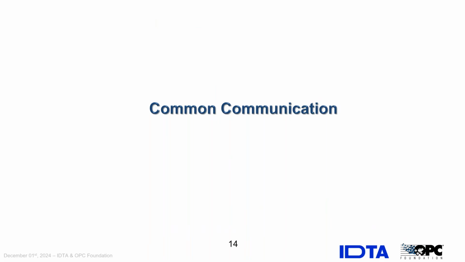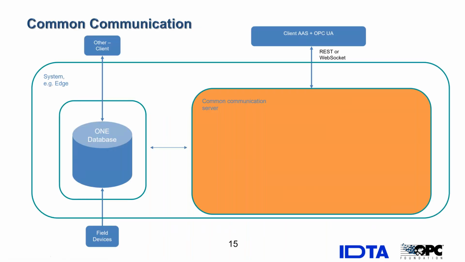My second part that I also want to give you the 500-meter overview is the common communication. So I have just a simple picture for that one. And this picture shows you that you have one common database.